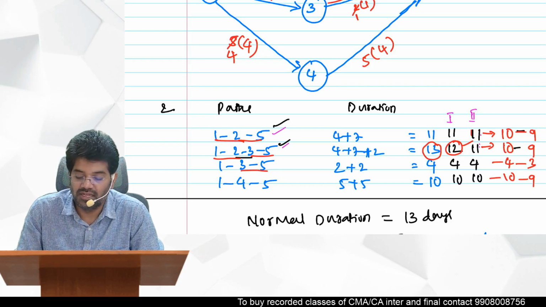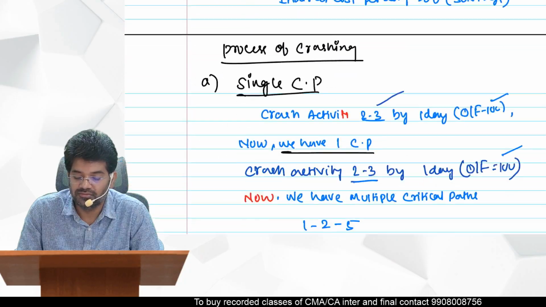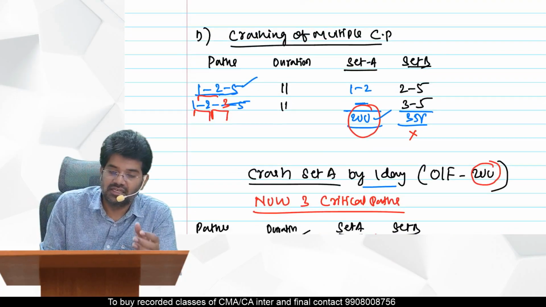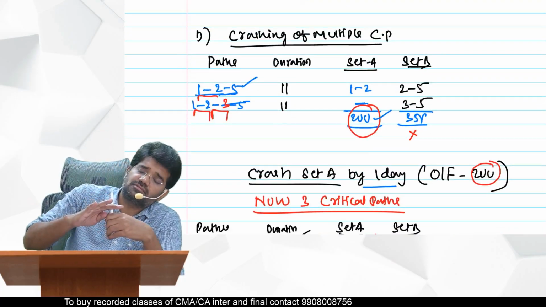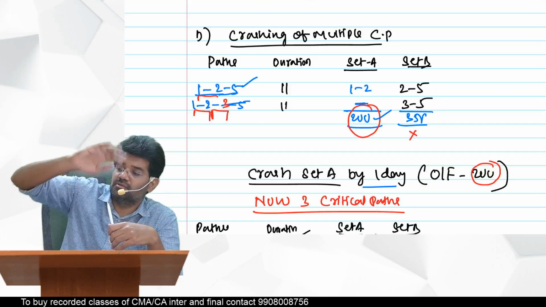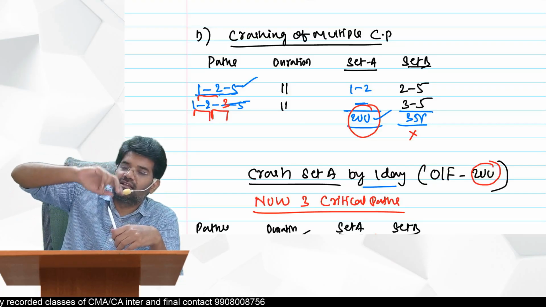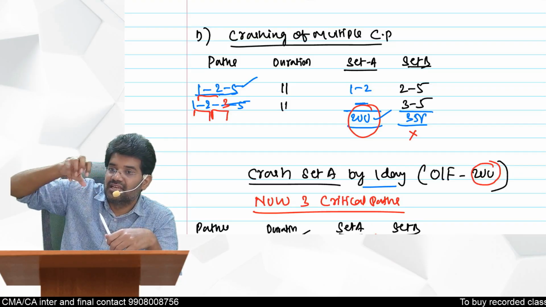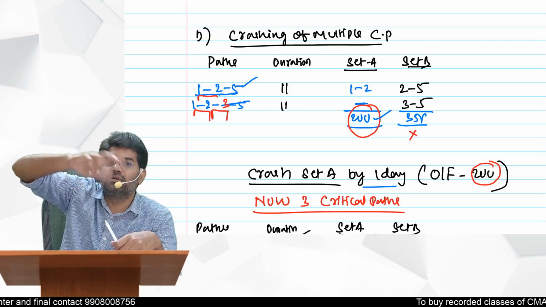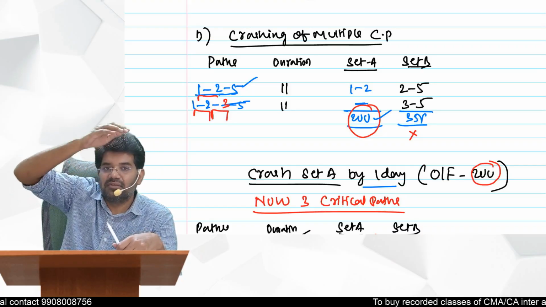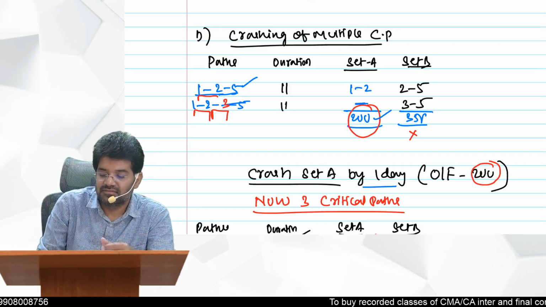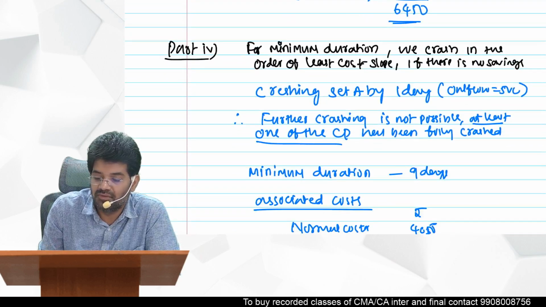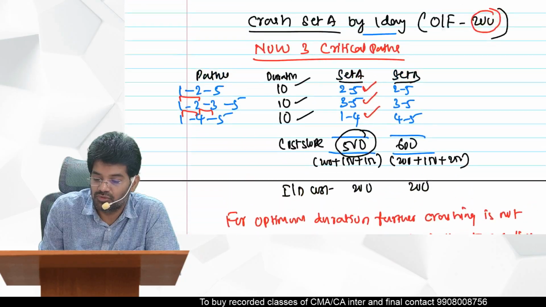So when you have multiple paths, what are we supposed to do? We should create a set of activities in such a manner that, with two critical paths now, the selected activity gets reduced in both the paths. Slowly you understand now; this is most important.